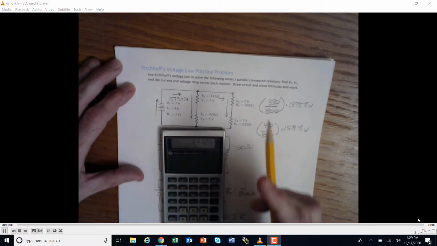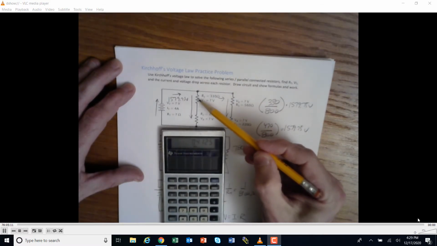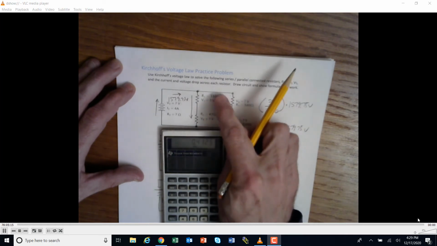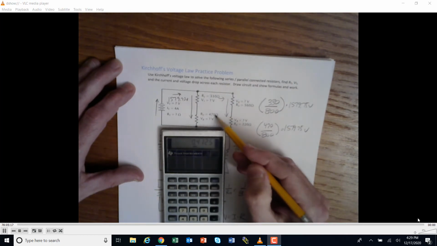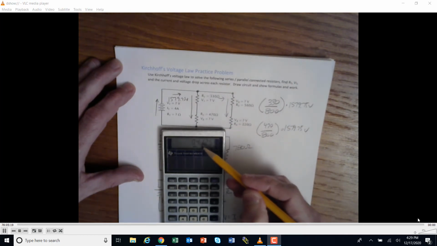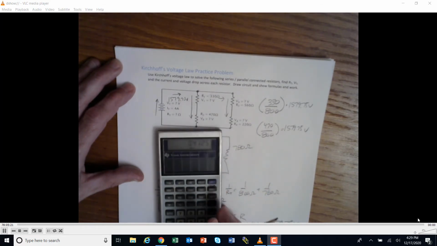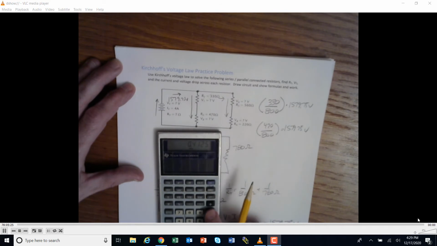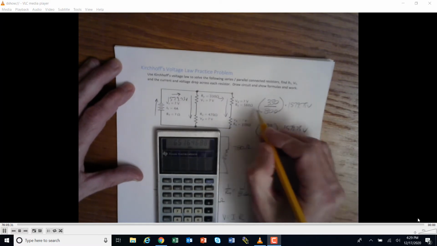So it looks like this one's going to drop 41% of that voltage, okay? And it's a smaller number, and this is the bigger number, so this is going to drop, you know, probably 58 or 59% because it needs to be 100%. So I got my ratio, and then I'm going to multiply that by 1579.75, and I get this one right here.